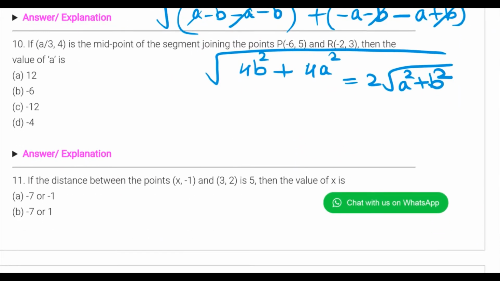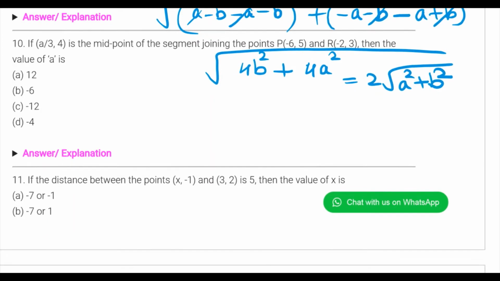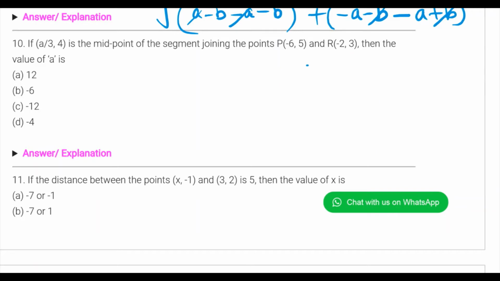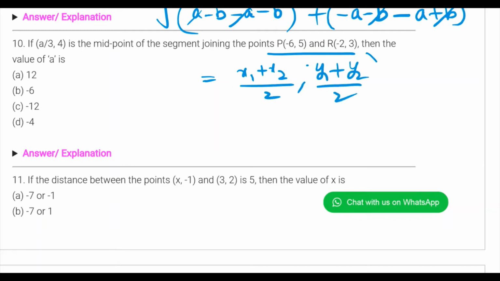Next is the 10th question. If a by 3 comma 4 is the midpoint of the line segment joining the points P and R, then the value of A is. So the midpoint formula is nothing but midpoint equals x1 plus x2 by 2 comma y1 plus y2 by 2.